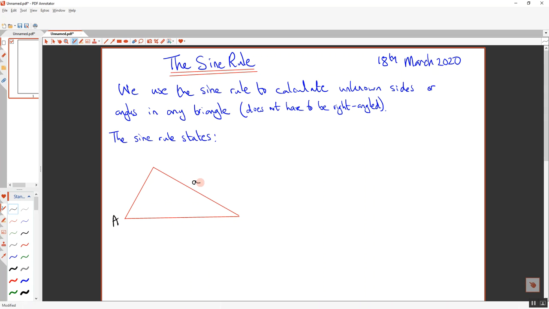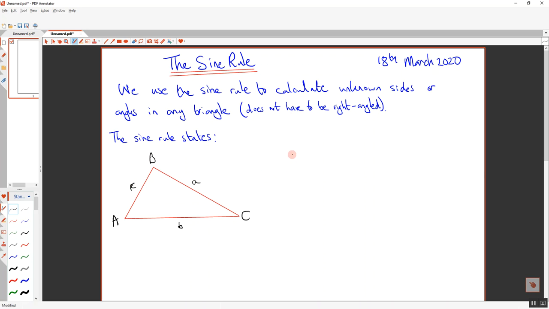So that's angle A, side A, angle B, side B, angle C, side C. That is a C. Yeah, it's my lowercase c. I give it a little tail.